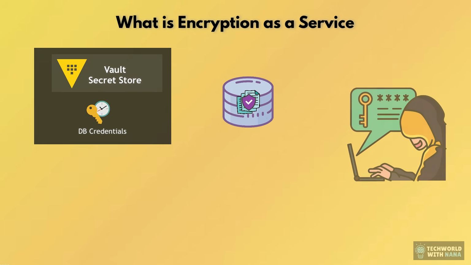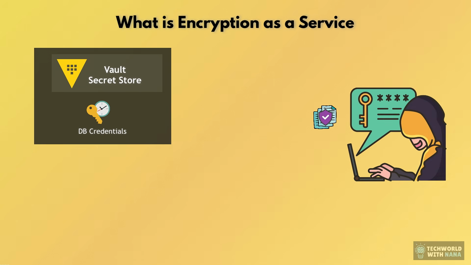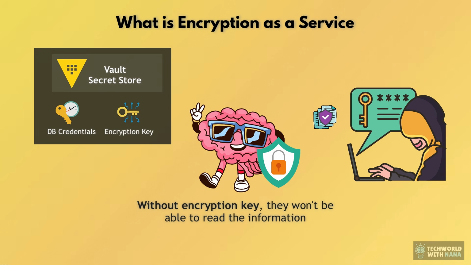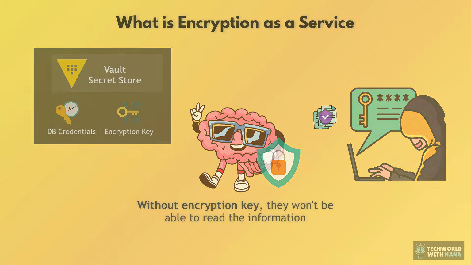But in case hackers still manage to break into the database, again, as I said, a client was compromised and the credential was stolen, they still won't be able to see the data because it's encrypted instead of plain text. So they would actually need to get the encryption key from Vault in addition to be able to decrypt and read the data stored in the database. So even with the database credentials, they won't be able to access that personal user information.